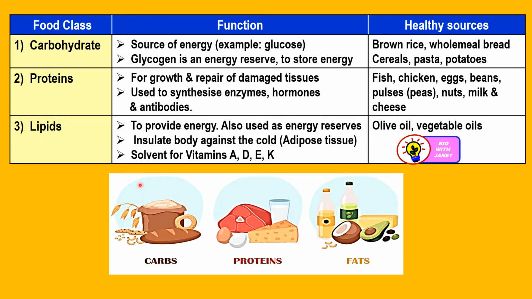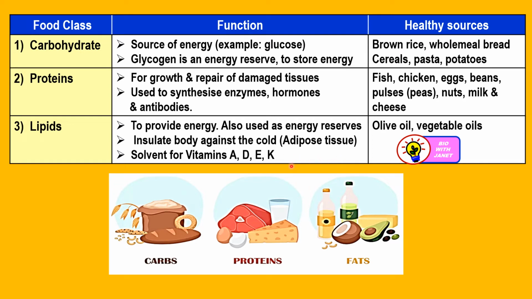And lipids act as a solvent for fat-soluble or lipid-soluble vitamins, which are vitamins A, D, E, and K. So we need to eat some lipids in our diet to dissolve these vitamins so that they can be easily absorbed into the body. All right.